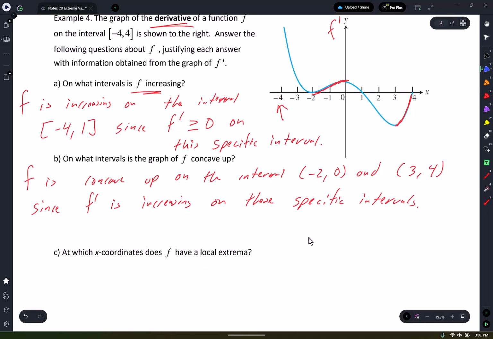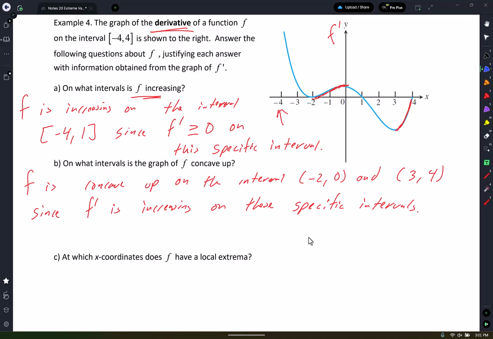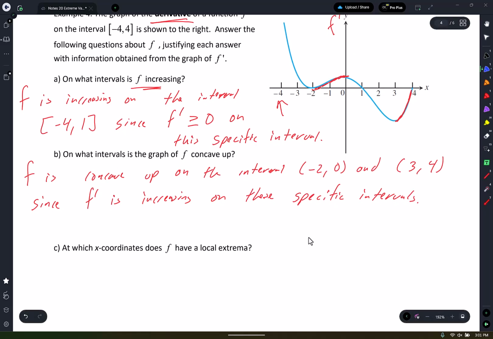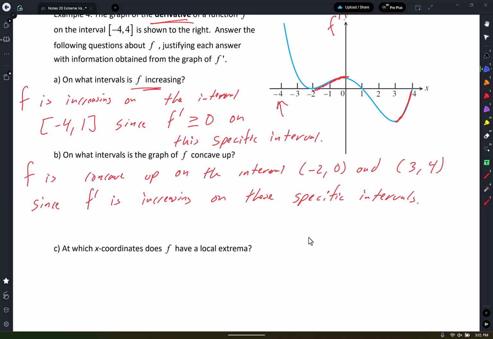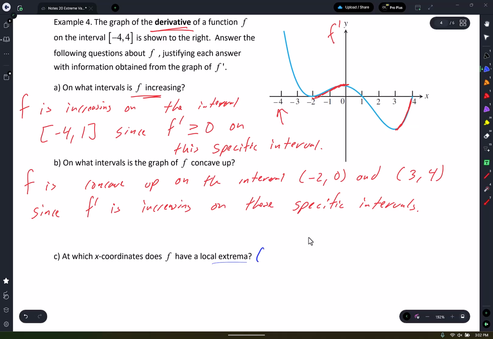Letter C. Which x coordinates does f have a local extrema? So that means max or mins. Don't forget endpoints. Actually, exclude endpoints, for now. All right. Y at 1? Perfect. Which means it's a what?